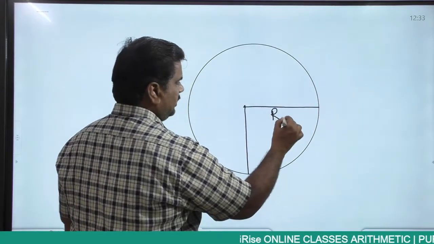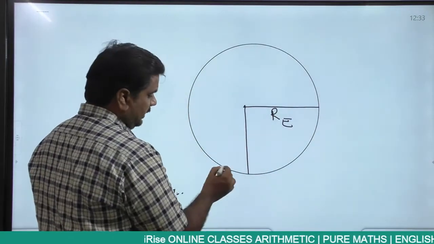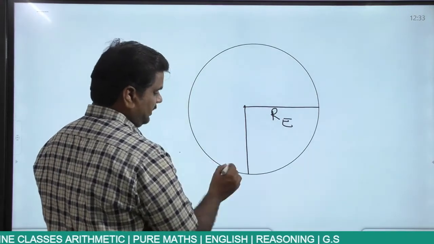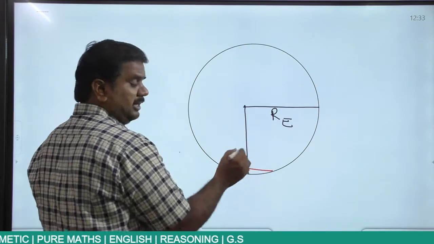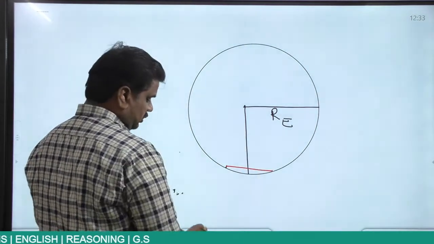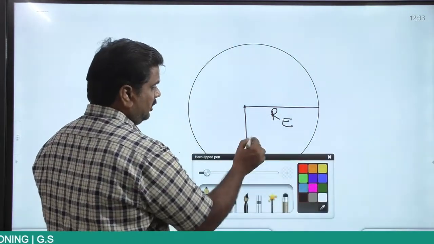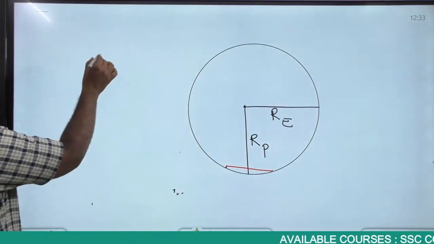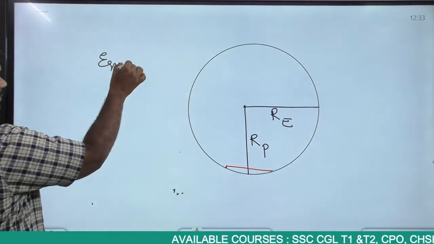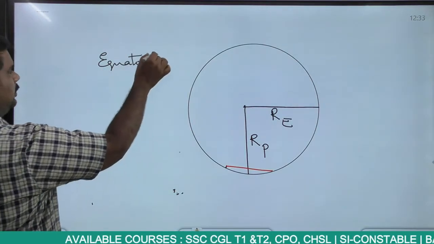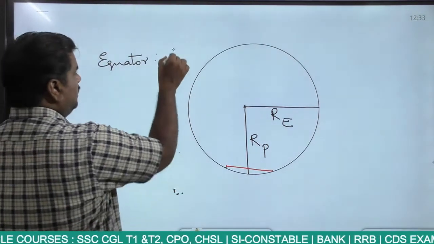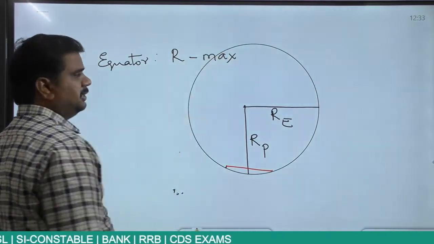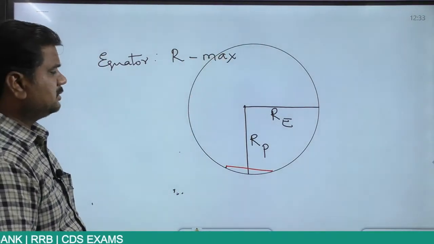Near the equator, the radius is maximum. Since the shape is flat at the poles, along the poles the radius is smaller. Near the equator, the radius value is maximum.